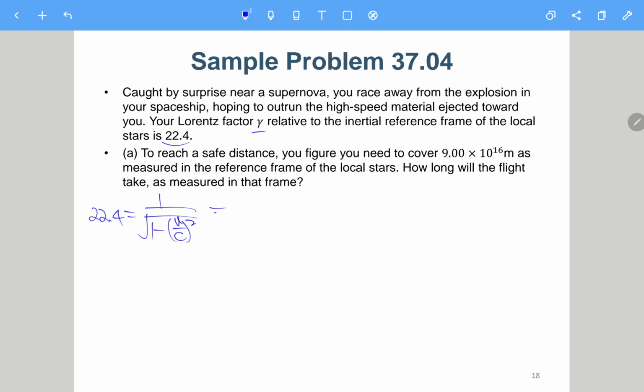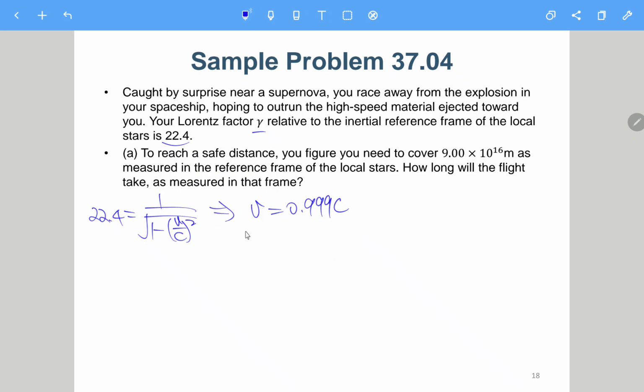We can do some algebraic calculation: you move this term over, take the square on both sides, and then do some simple things. Then you will see that v equals 0.999 c. So 99.9% of the speed of light to escape.